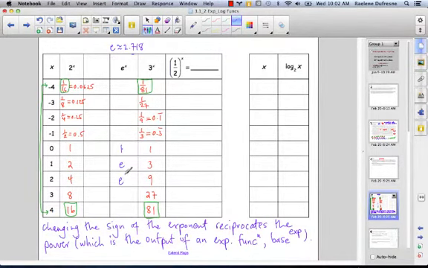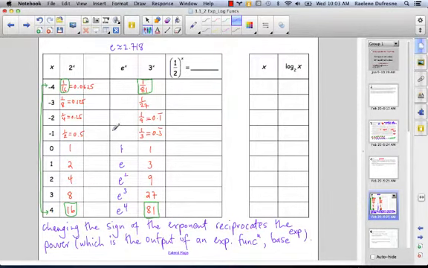E to the 2 is e squared, which is going to be some number between 4 and 9. Similarly, e is between 2 and 3, approximately 2.718. Then e to the exponent 3 will be some number between 8 and 27, probably closer to 27 because e is closer to 3 than it is to 2. Then e to the exponent 4 will be some number between 16 and 81.